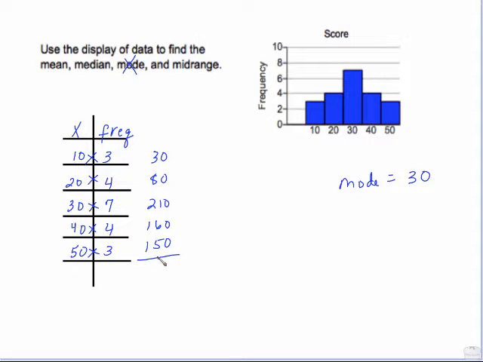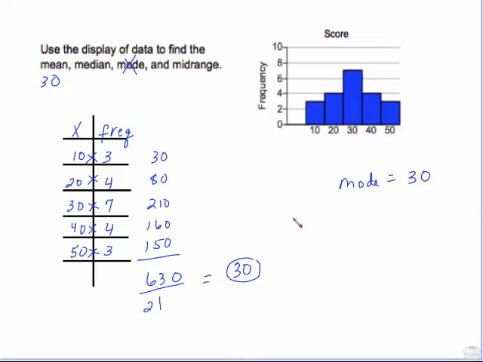And add all of those up and divide by the number of numbers. That is 630. My total number of frequencies, add these up. 3 plus 4 is 7, plus 7 is 14, plus 4 is 18, plus 3 is 21. Divide that out, and we get a mean of 30. So the mean is 30.